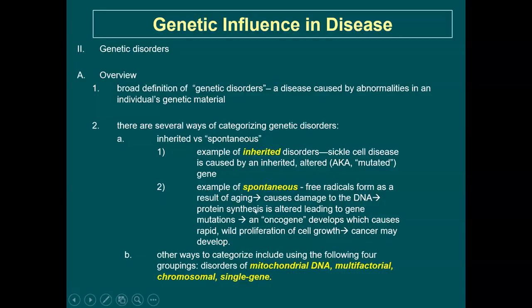The reason I'm glossing over this is because we'll talk about the development of an oncogene later. How we're going to categorize genetic disorders in our course is based on 4 groupings: mitochondrial, multifactorial, chromosomal, and single gene disorders.